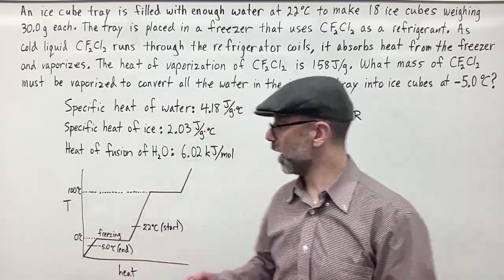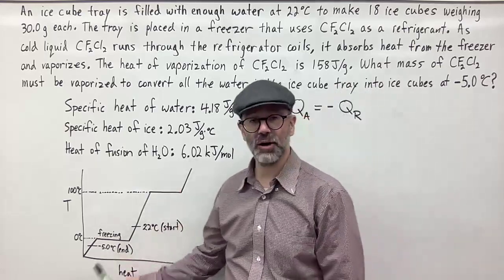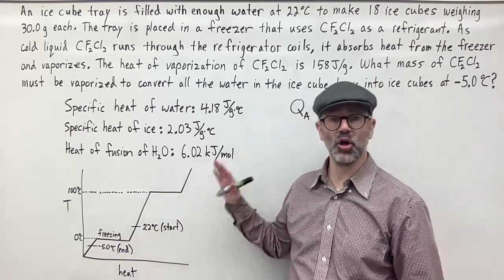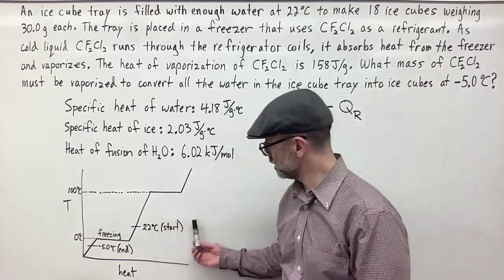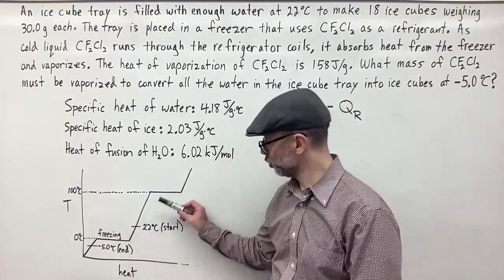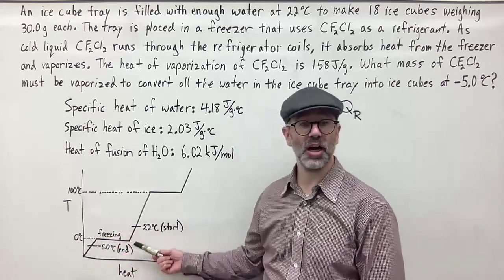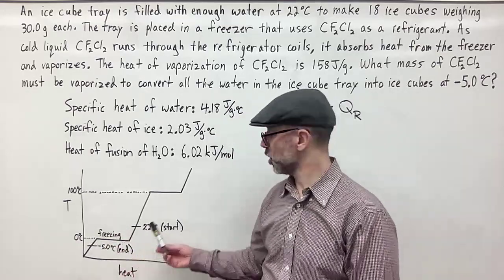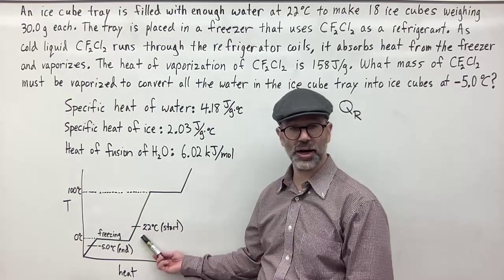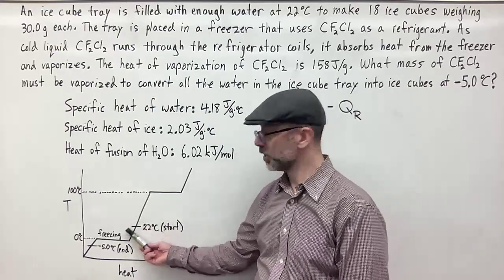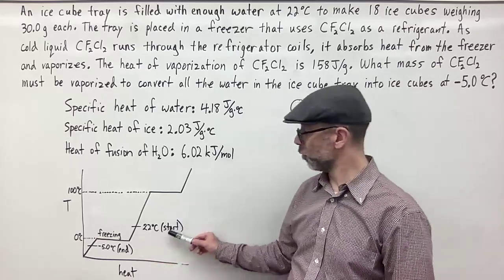Now, during the process, we have to remember that when we're figuring out the thermodynamics of the loss of heat by the water, notice that we're dealing with water as a liquid here. It loses its temperature, but then here we're talking about the freezing of the water. So we're going to have to calculate the amount of heat lost at this step, during the process where energy is lost from the water.